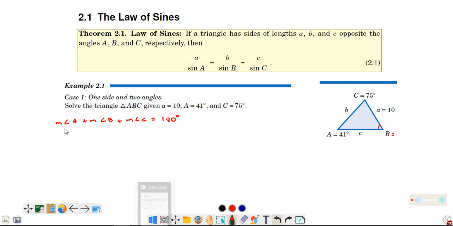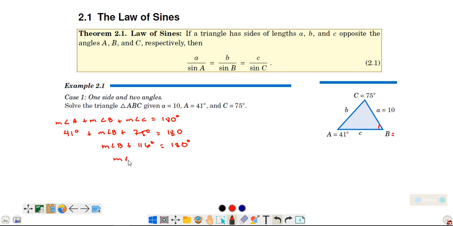So, if you are given angle A, which is 41 degrees, unknown B, and the measurement of angle C is equal to 75 degrees, all you have to do is subtract the sum of 41 and 75 from 180. So, kuha kayo ng calculator. We have 41 plus 75, which will give you 116. So, the measurement of angle B plus 116 degrees, 41 and 75 degrees combined, is equal to 180 degrees.